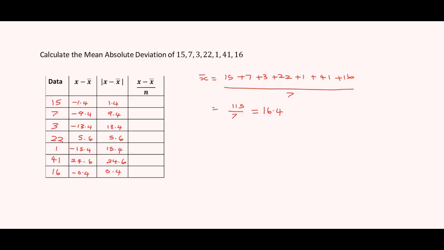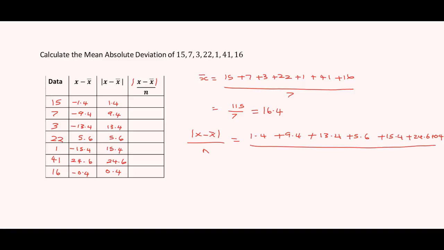This is the absolute value of x minus the mean, divided by n. So we have 1.4 plus 9.4 plus 13.4 plus 5.6 plus 15.4 plus 24.6 plus 0.4, and then we divide that by 7.